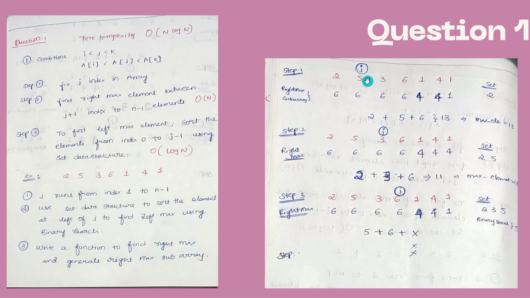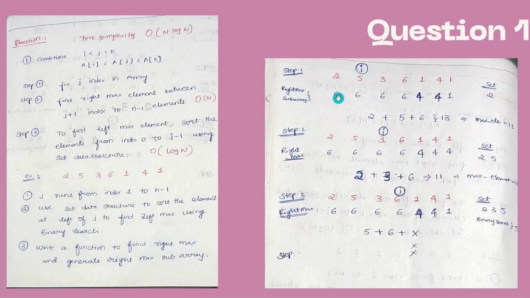What you have to do is fix the j, apply the right max subarray for the rightmost element, and the left max element for the left. How do you find the left max element? Store the leftmost elements using the set data structure.